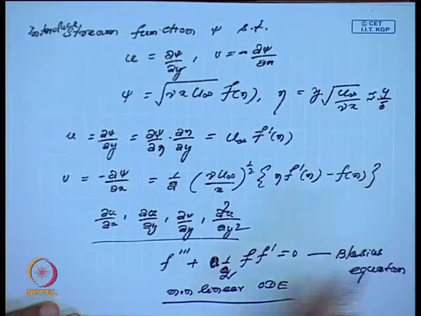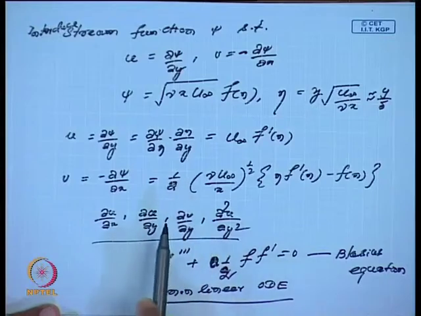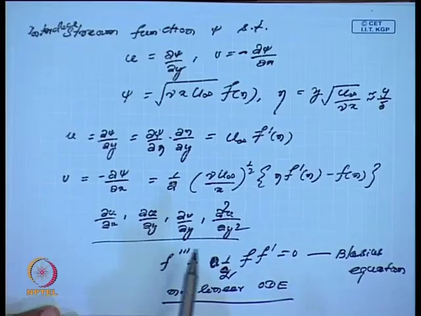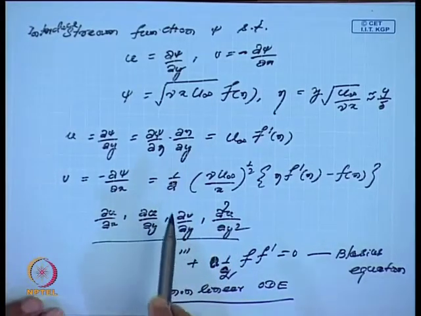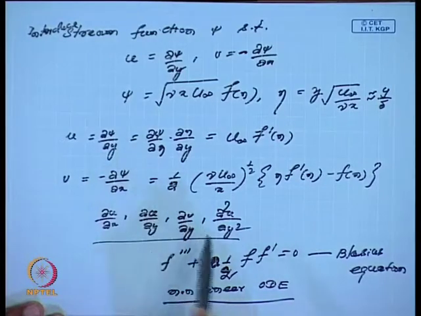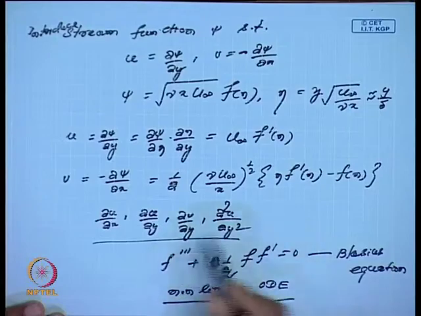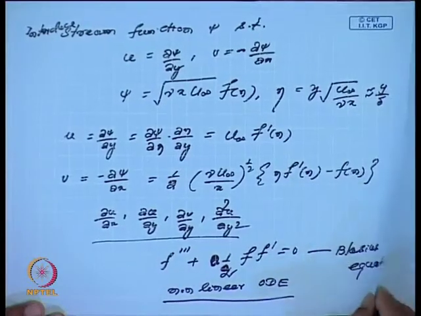As I mentioned in the beginning, by using the self-similarity theory we can introduce a function so that we transform the boundary layer equation into just a single ordinary differential equation. However, this equation is highly nonlinear and it is not possible to get a closed form solution.